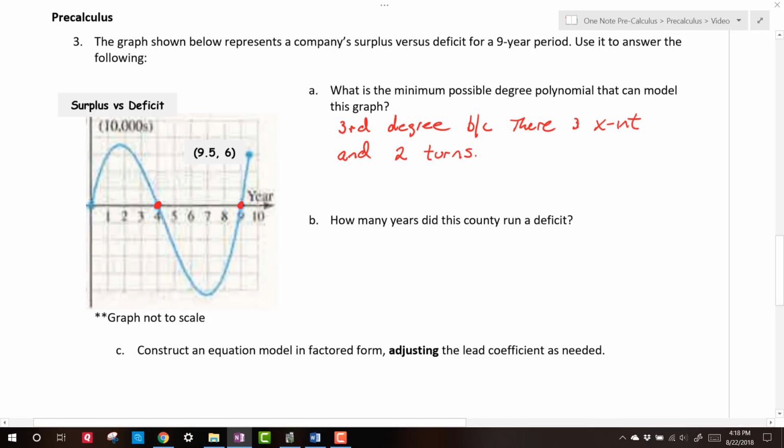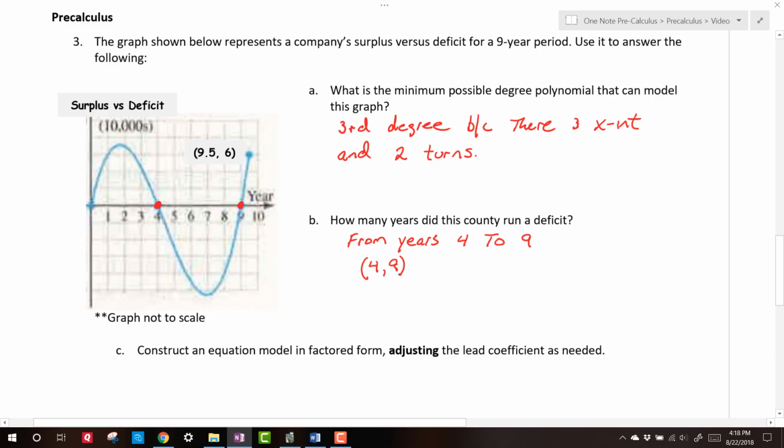All right, so from years 4 to 9, and if we were to write that using an interval notation, we would actually say 4 comma 9.